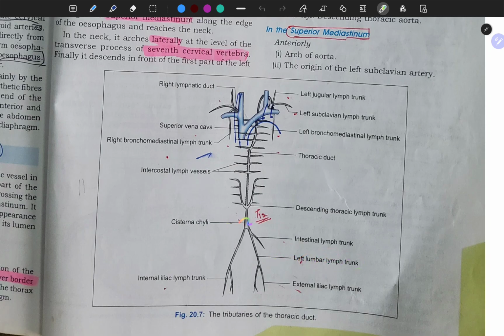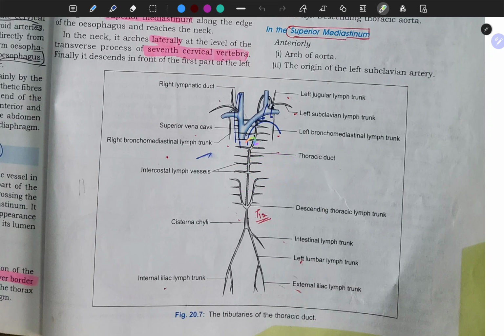The right and left join to form the cisterna chyli, and the descending thoracic lymph trunk drains into the cisterna chyli. The thoracic duct ascends and enters via the T12 opening in the diaphragm. From right to left, it crosses over at the level of T4 to T5.